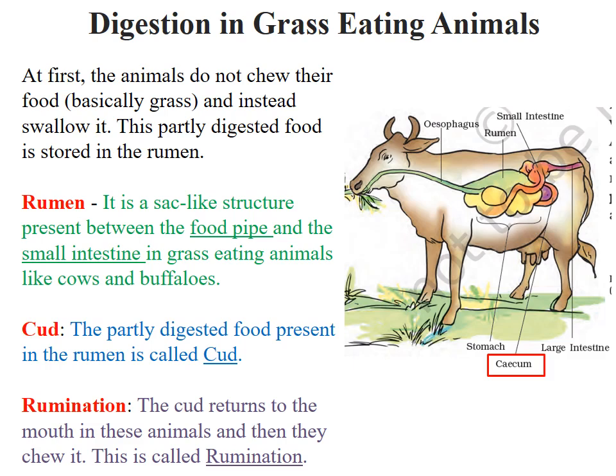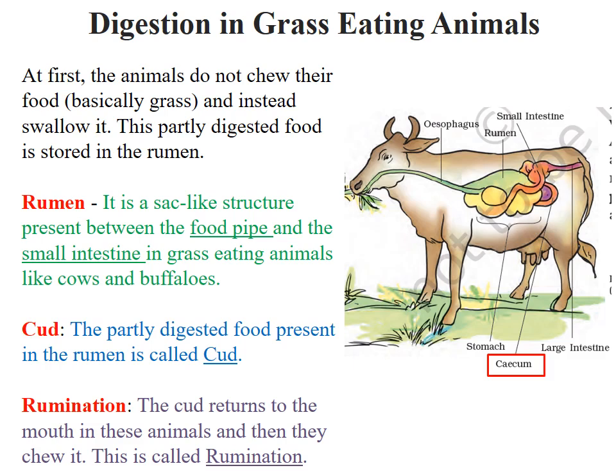Just like our stomach, they have this sac-like structure known as the rumen, and their digestive system is more complex than ours. Their stomach has 4 compartments.